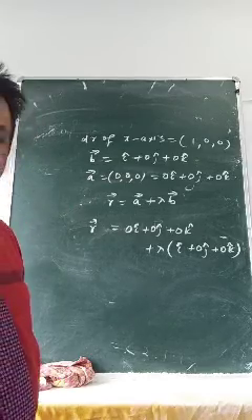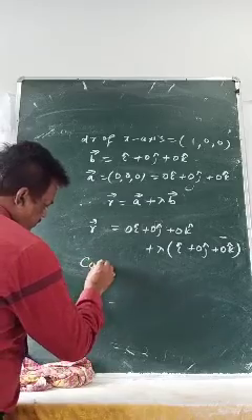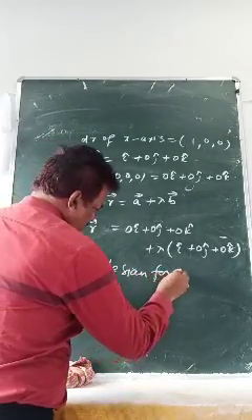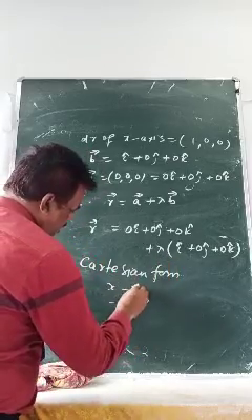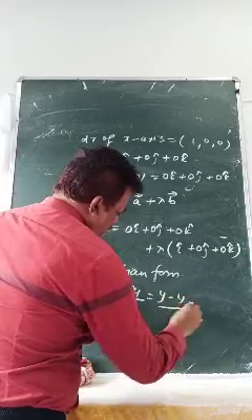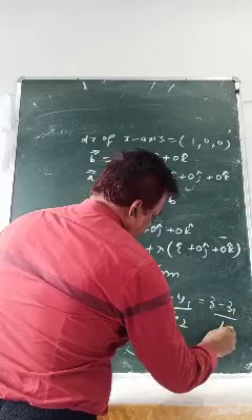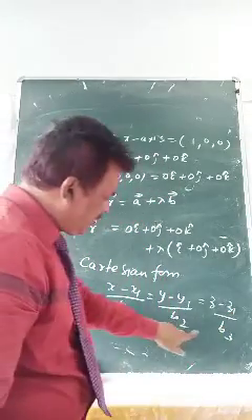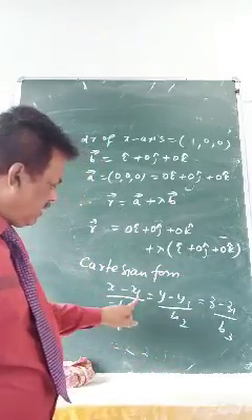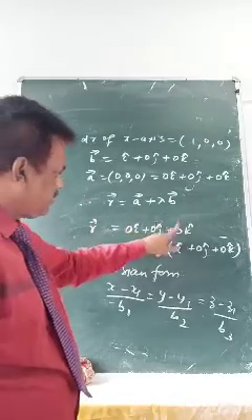Now if you want to find its Cartesian form, what is the Cartesian form? (x minus x1) by b1 equals (y minus y1) by b2 equals (z minus z1) by b3. b1, b2, b3 come from your parallel vector, that is 1, 0, 0. x1, y1, z1 is the point, which comes from the a vector, that is 0, 0, 0.